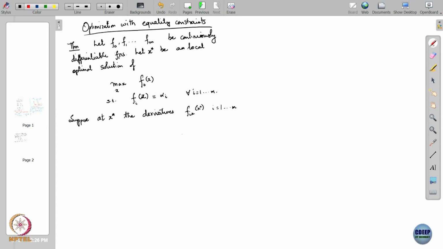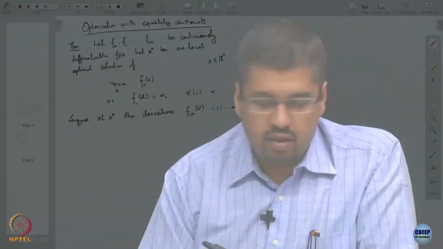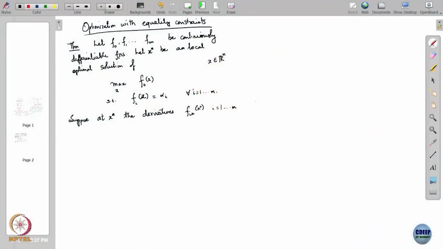Can someone tell me what length vectors these are, if x is in Rn, like we are optimizing in Rn? Exactly. They are derivatives, right. So, they are n length row vectors, fi x evaluated at x star, and there are m of these row vectors.